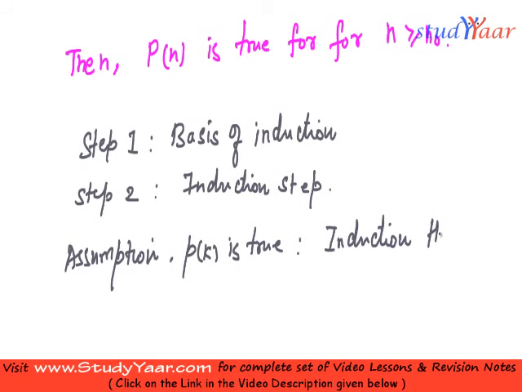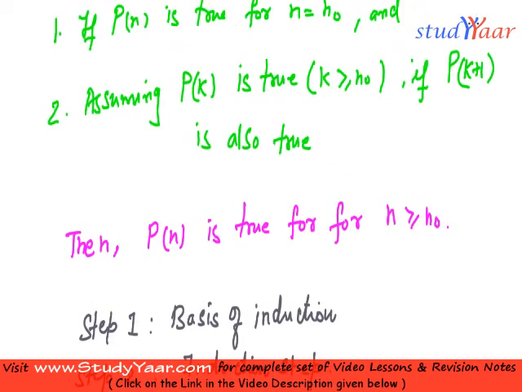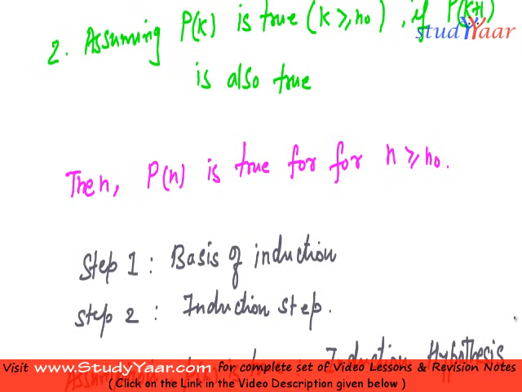We are now going to take some examples and see how this principle of induction helps us prove some results. Let us take an example so that we understand this principle better. Let us assume that you've been asked to prove this particular statement.